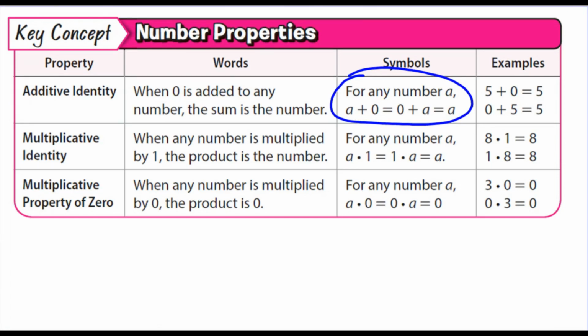That tells me that the value is not going to change. So a times 1 or 1 times a is just a, no matter what a is. And then lastly, the multiplicative property of 0 tells us that whenever you multiply something times 0, you get 0. So if a is any number, a times 0 will always be 0. So a few more properties there to round it out.